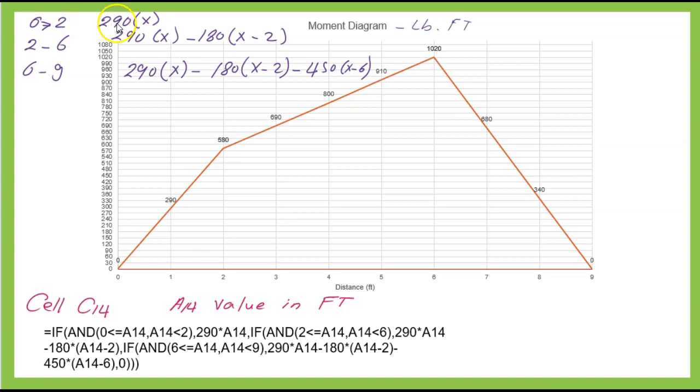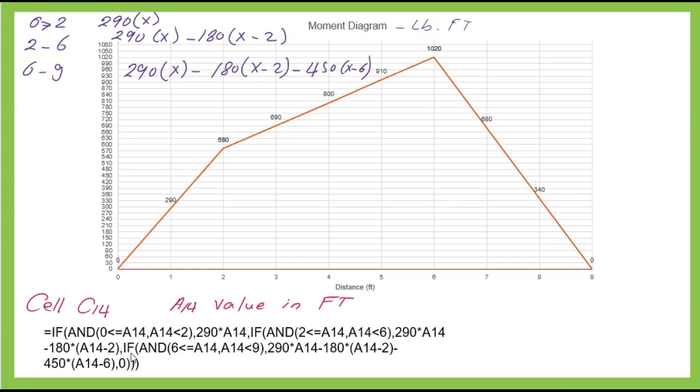Comma if and A14 bigger than or equal to 2, comma A14 less than or equal to 6. We close and then we write 290 by A14. This is the second condition. We will add minus 180 multiplied by A14 minus 2. Our expression is x minus 2, but here cell A14 represents the x.